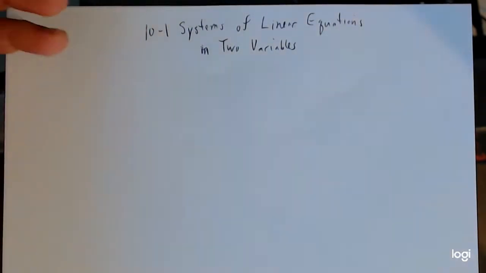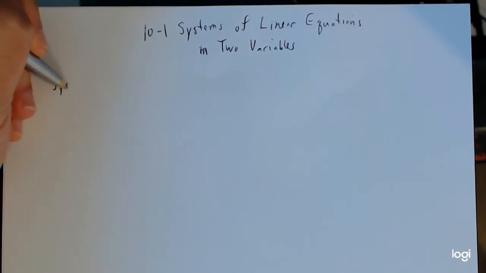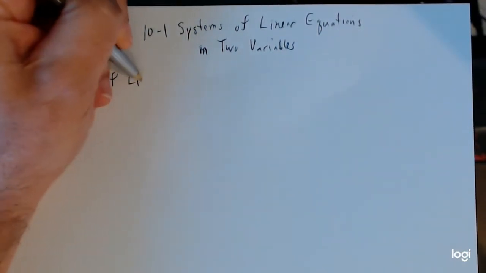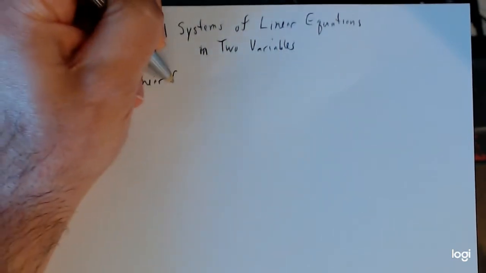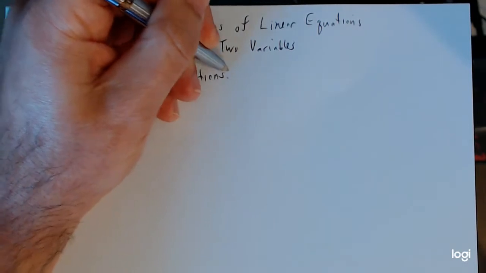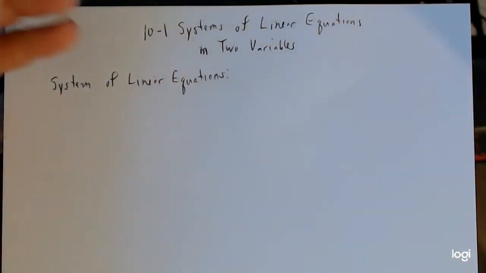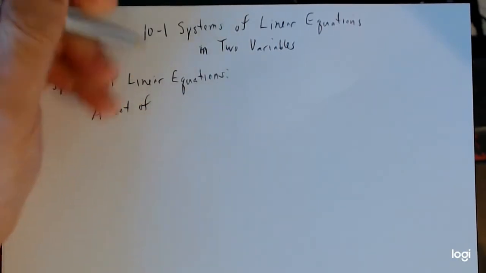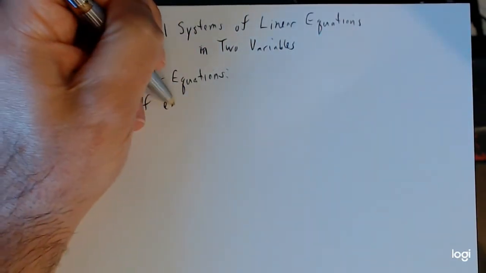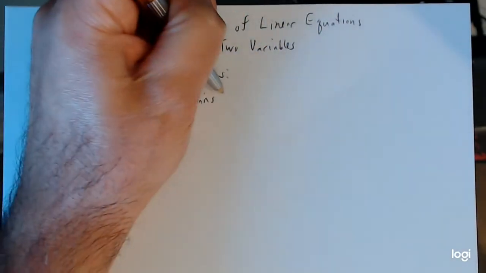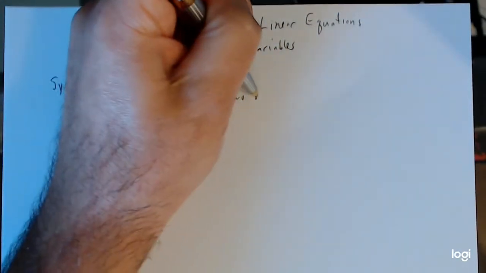Okay, so to start off, a system of linear equations, the definition of this is literally a set of equations, and this could be two or more.